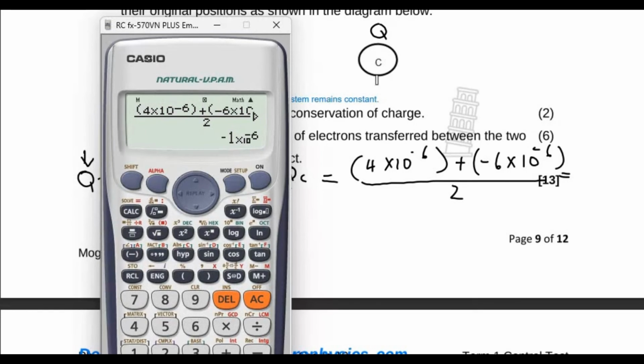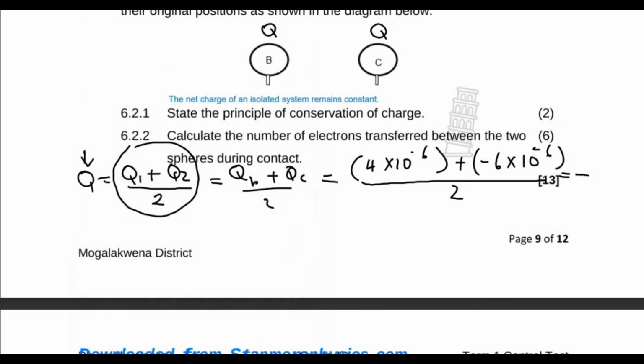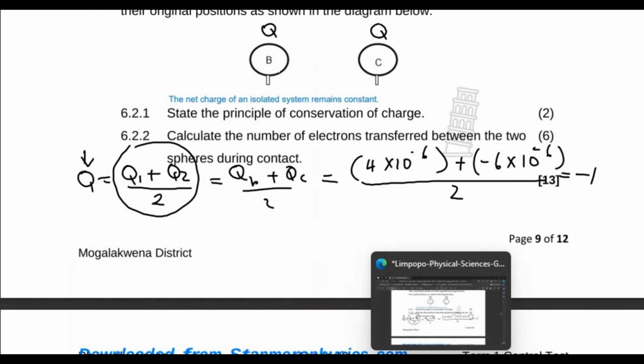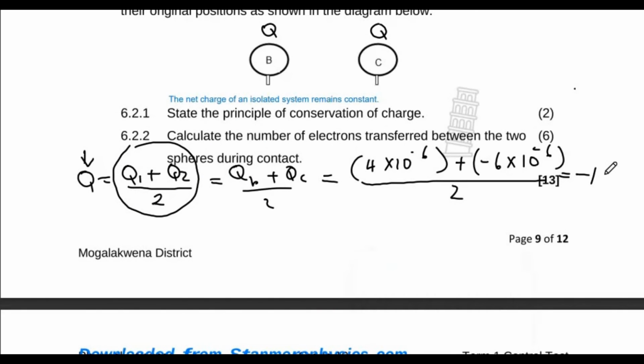And we get that the answer is minus 1 multiplied by 10 raised to the power of minus 6 coulomb.